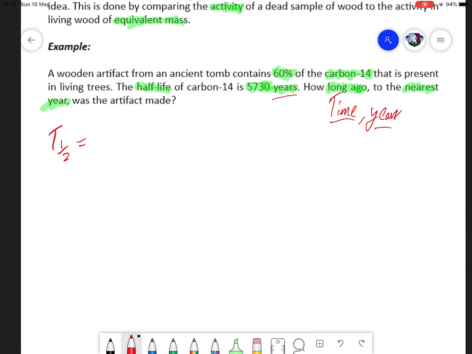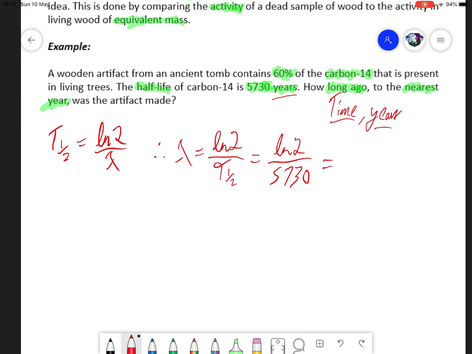Now, the first thing we need to do is to determine our decay constant. As we know time is our target, we will be using one of the other equations, the more complex exponential ones, but we need the decay constant. So plugging it into this equation here, rearranged, we can find that the decay constant is ln2 over the half-life. Now our half-life, as we said, is 5,730 years, but we can keep that in years at this point.